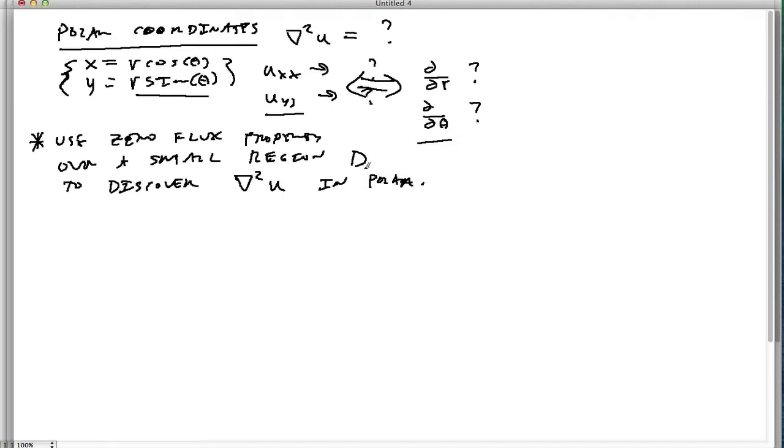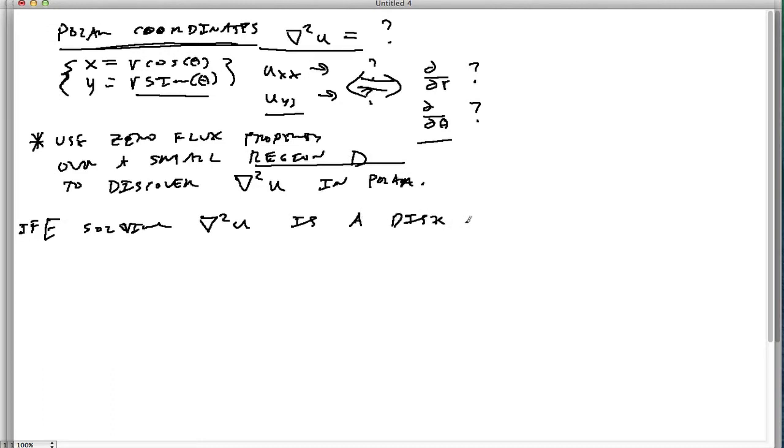All right, so what's this region D that we were going to talk about? Why do we want to do polar coordinates with our Laplacian in the first place? Well, the straightforward answer is if our region E that we want to solve the Laplacian on is a disk or an annulus. So we have something like this.